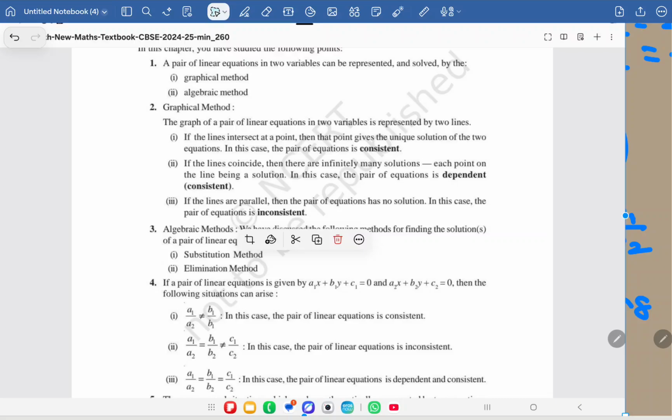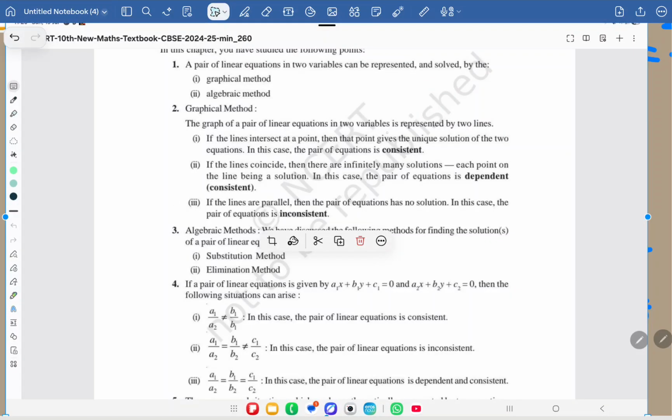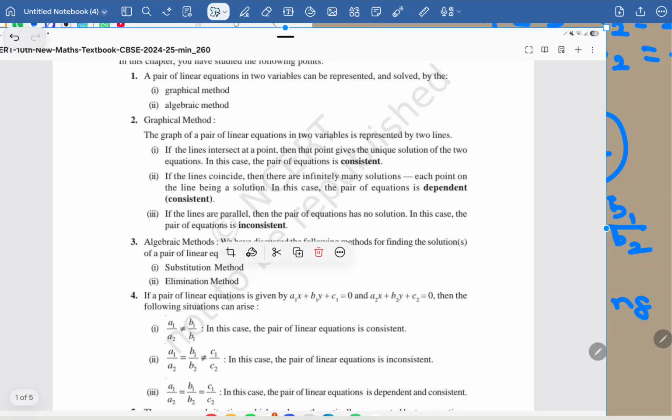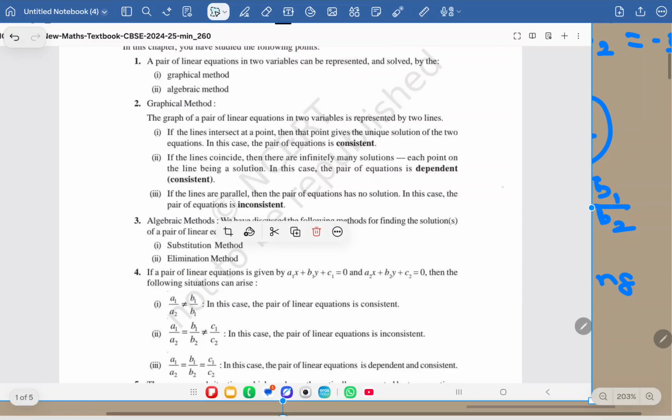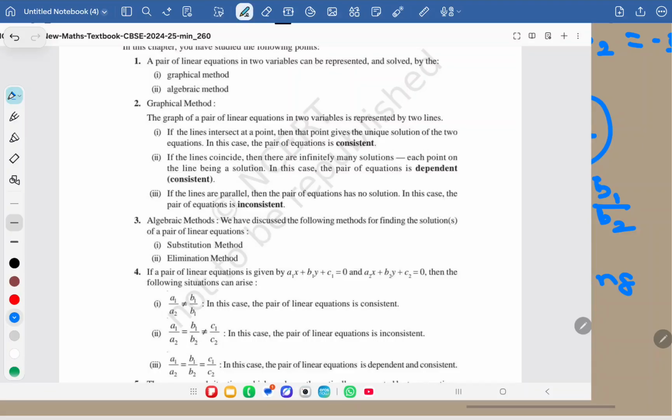From the textbook we have important information. The graph of a pair of linear equations in two variables is represented by two lines. If the lines intersect at a point, then the point gives a unique solution of the two equations.